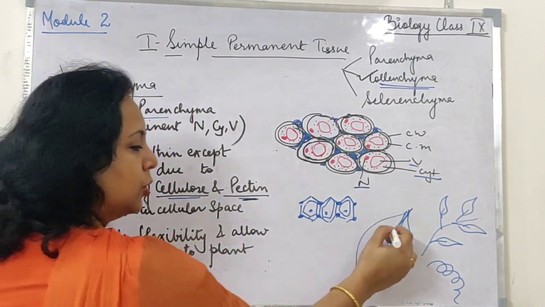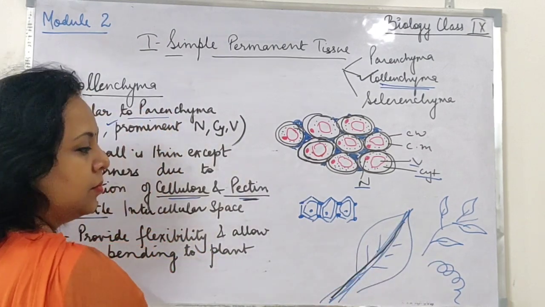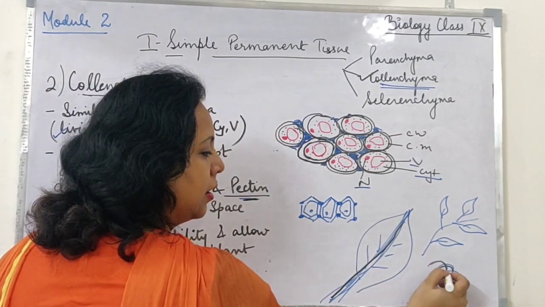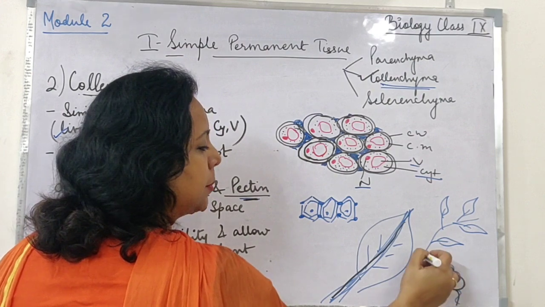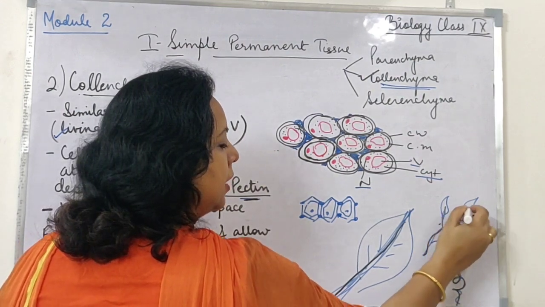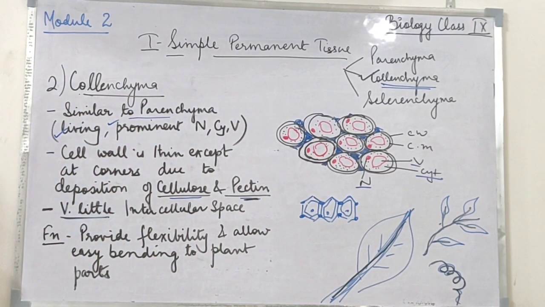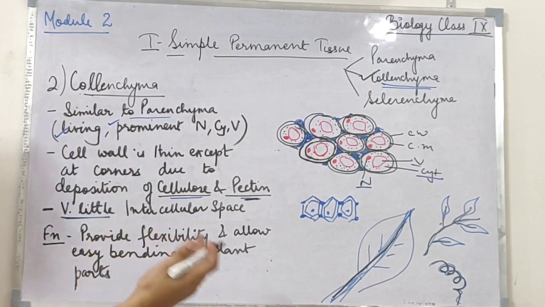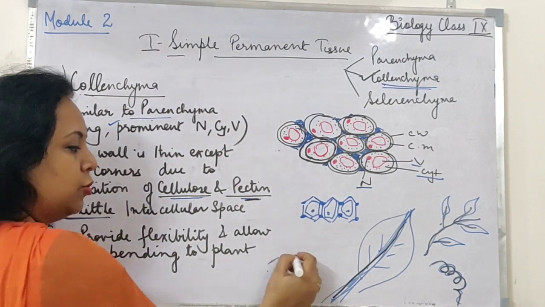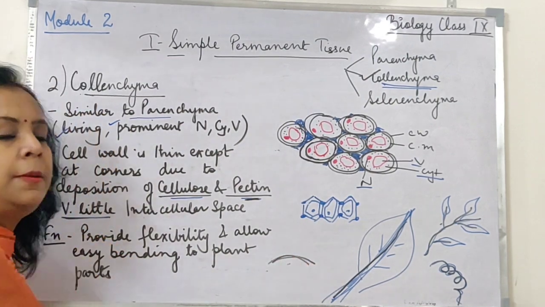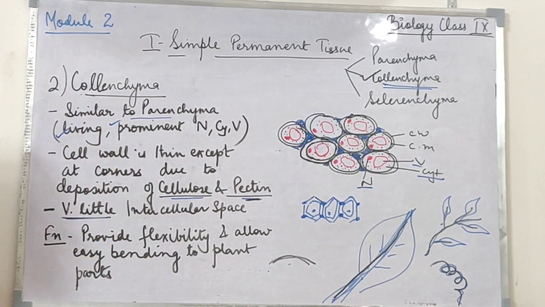So this part of the leaf and the tendril and these branches, soft branches, they have got this collenchyma present just below the epidermis, means below the outermost layer, the collenchyma is present.